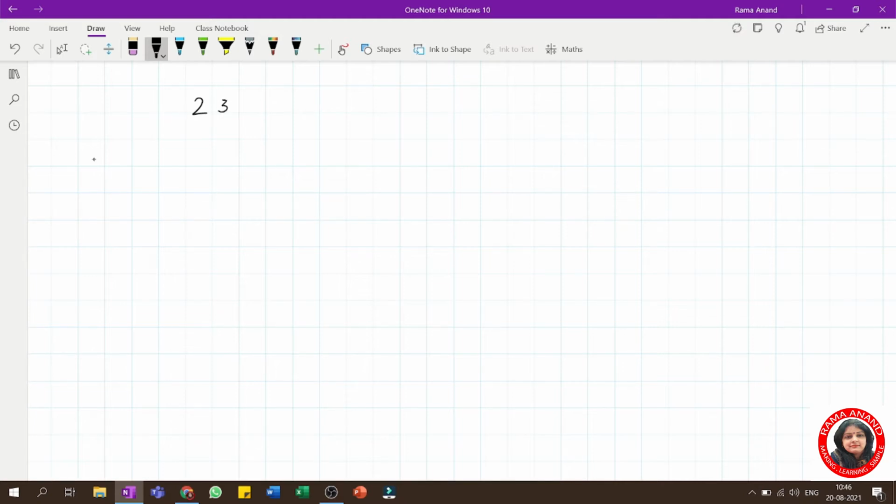So again what we have to do, first I am writing the table of 2 over here. 2 2s are 4, 2 3s are 6, then 8, then 10, 12, 14, 16, 18, 20. And write the table of 3 over here.